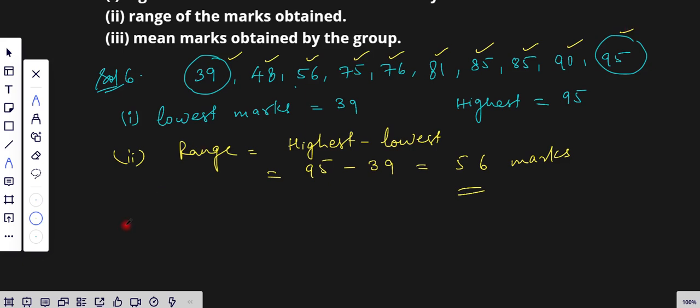Now the third and last question for the day is mean marks. Mean marks is equal to the sum of all these observations.